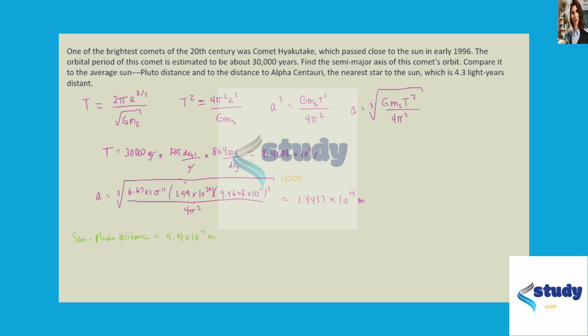Just going off our powers of 10, the comet's semi-major axis is 2 magnitudes greater than that. So we'll say this is approximately 1/100th of the semi-major axis, or we could say that the semi-major axis is about 100 times this value.